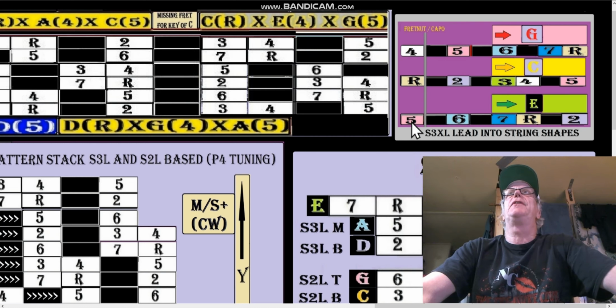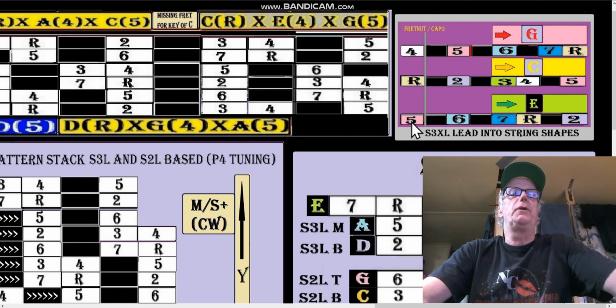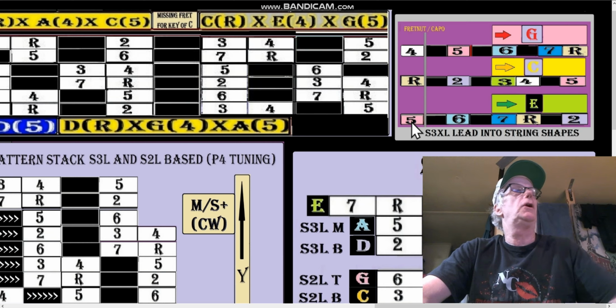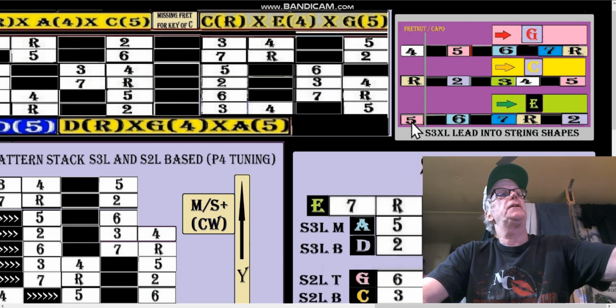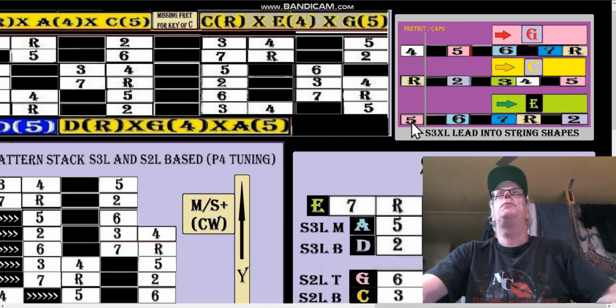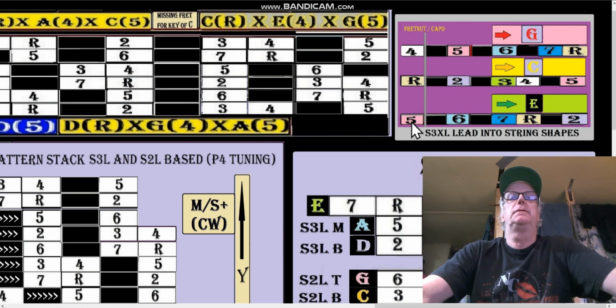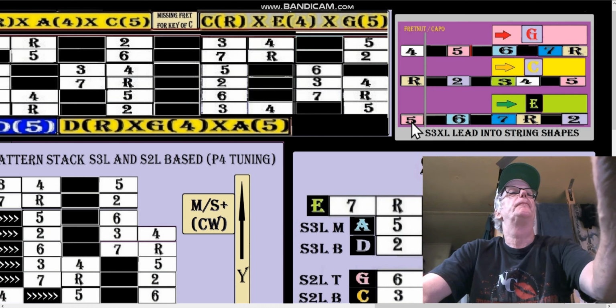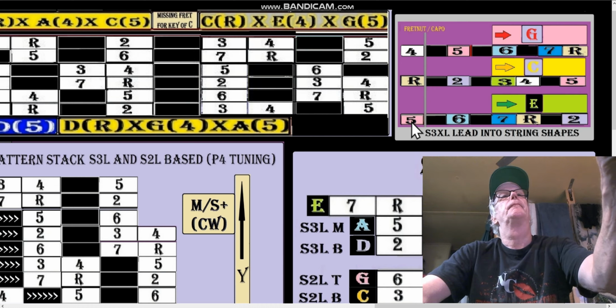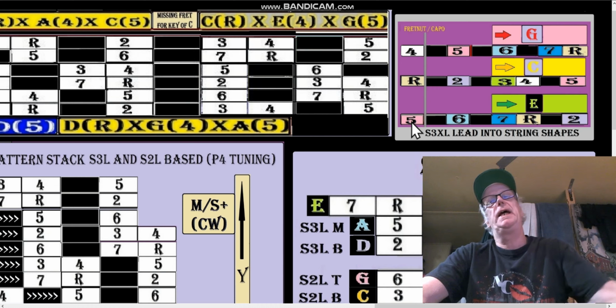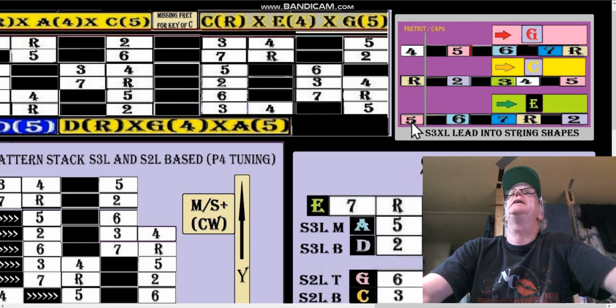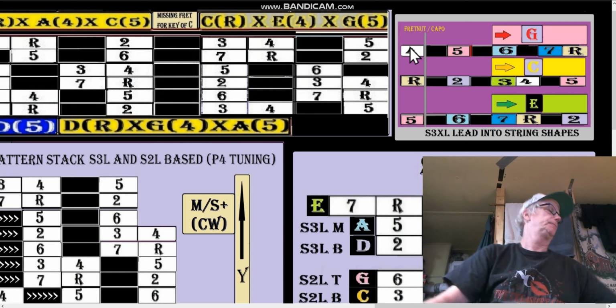So let's say 5 is the bottom string. If your low E is that note, then what key would that be? E is the 5th of A. So in the key of A, this is the situation we'd see.